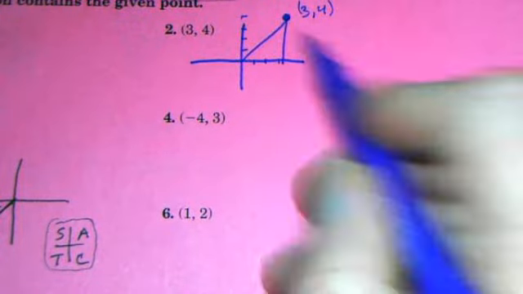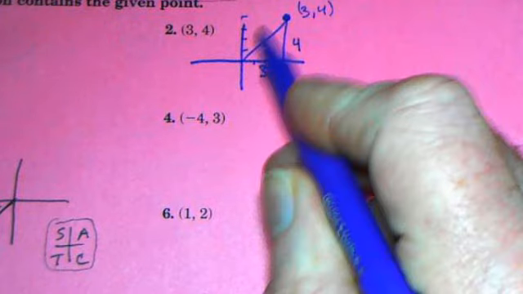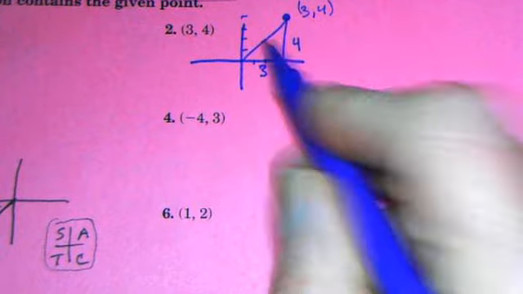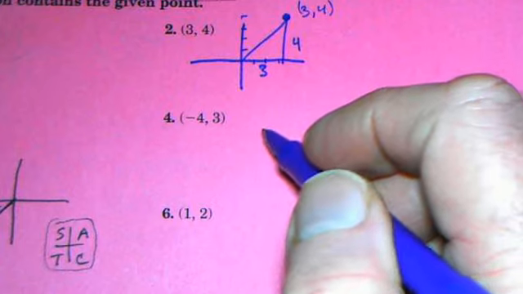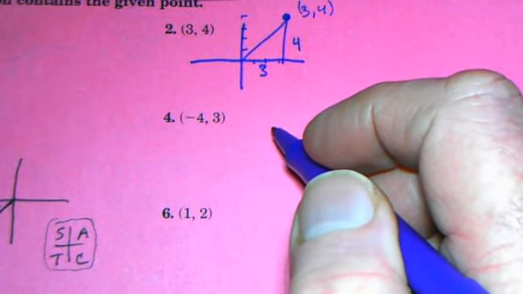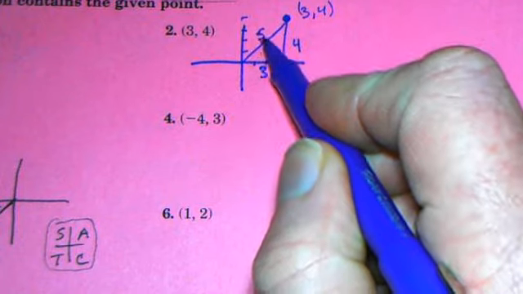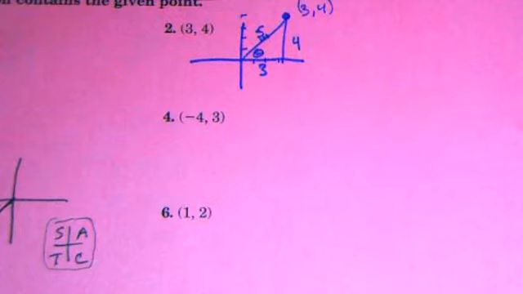Now if the x-coordinate is 3, that means this side is a 3, and this is a 4. We need to find the hypotenuse. This is a 3, 4, 5 Pythagorean triple, or 3 squared plus 4 squared is 25. The square root of 25 is 5. So the hypotenuse is 5, and we have the angle located in standard position.